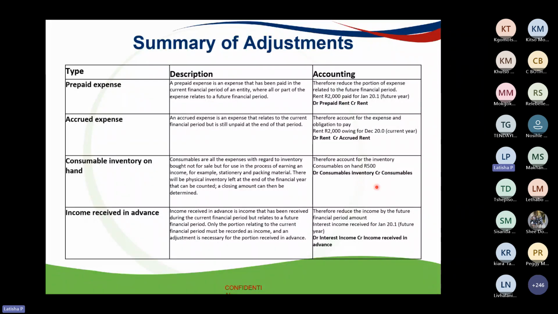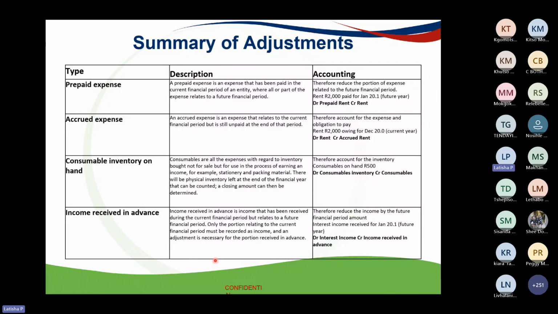And we then need to record that as inventory. So how we would do that in this example, it says we have consumables on hand at year end of 500 Rand. So we would debit inventory, which is an asset on your balance sheet, and you would credit consumable expense in your income statement.